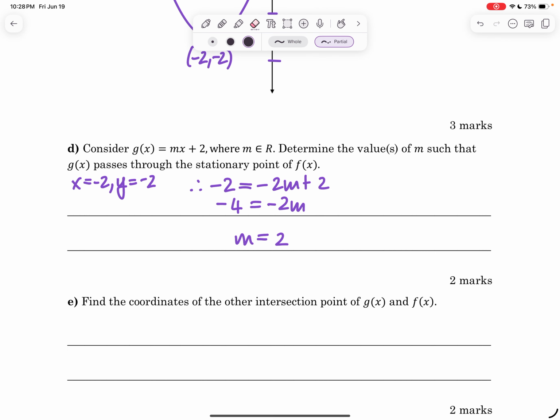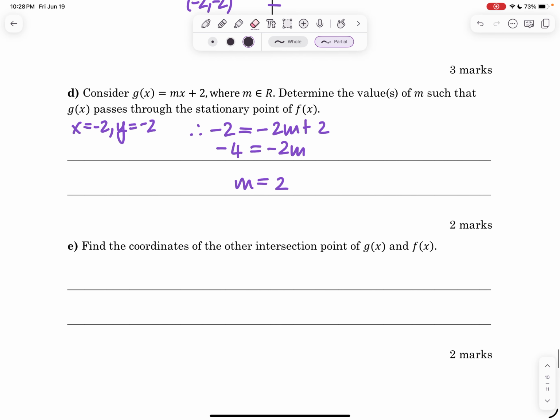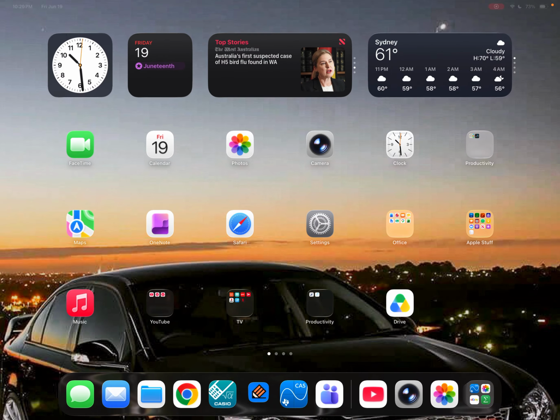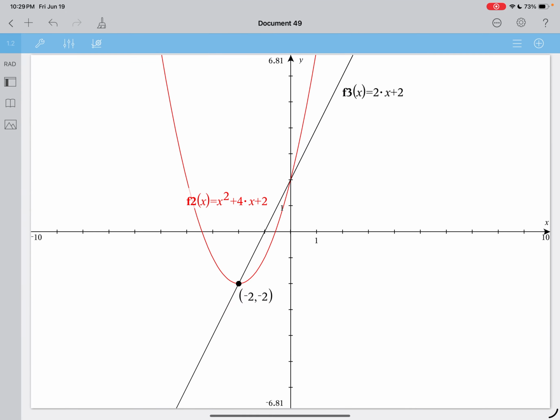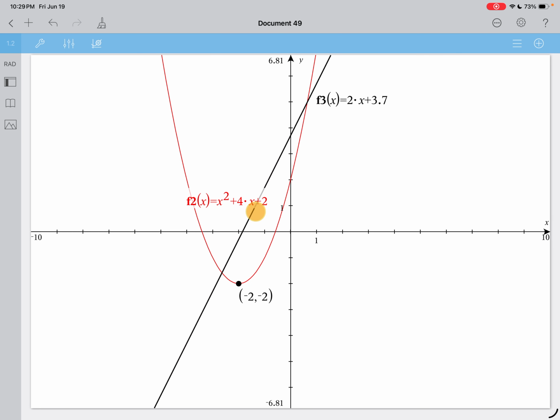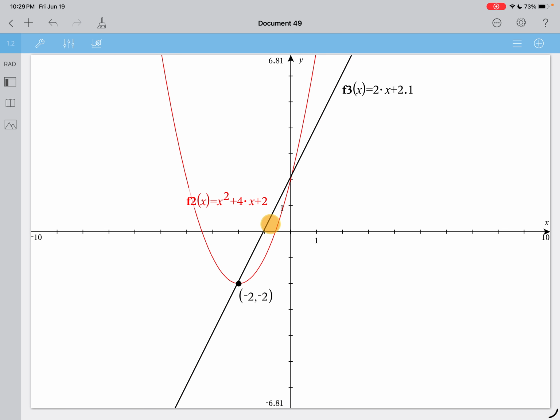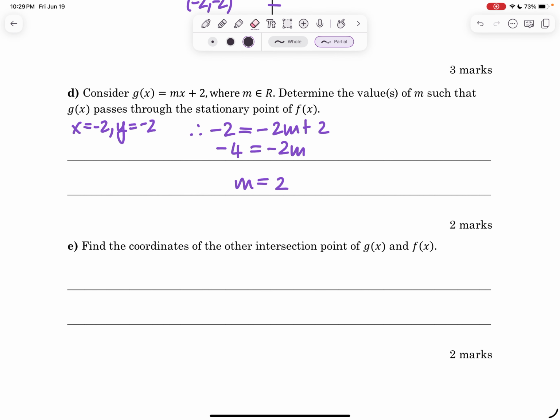This is stupid because it says find the coordinates of the other point of intersection of that and that. That must be assuming that m is equal to 2. Because if it's equal to m, there could be so many different points of intersection, because that graph can move up and down. So they must be referring to when m equals 2.